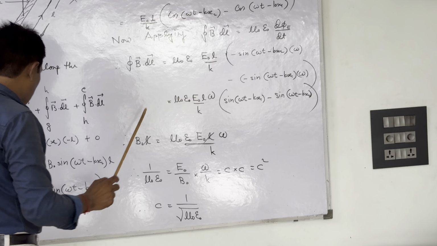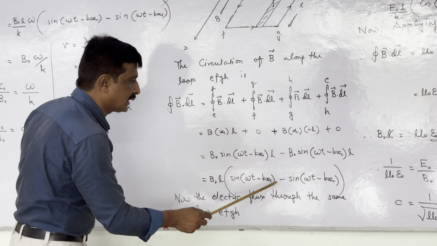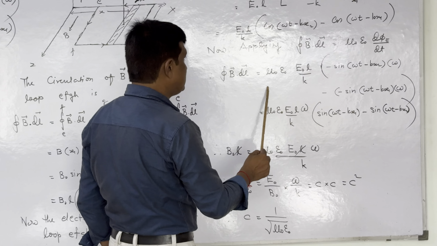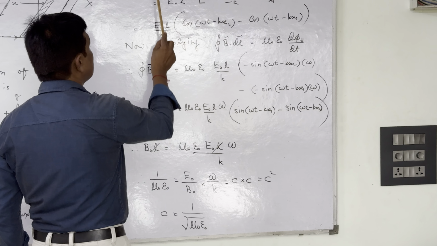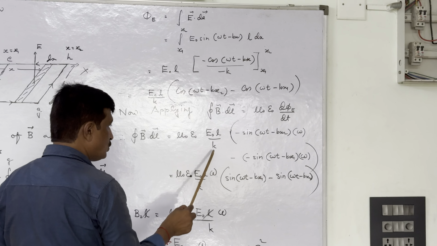The integral of B dot dl is B naught L into sin(omega t minus k x1) minus sin(omega t minus k x2). This is equal to mu naught epsilon naught into d phi by dt. Phi is this, so we have to take the derivative of this term, but E naught L by k is constant.